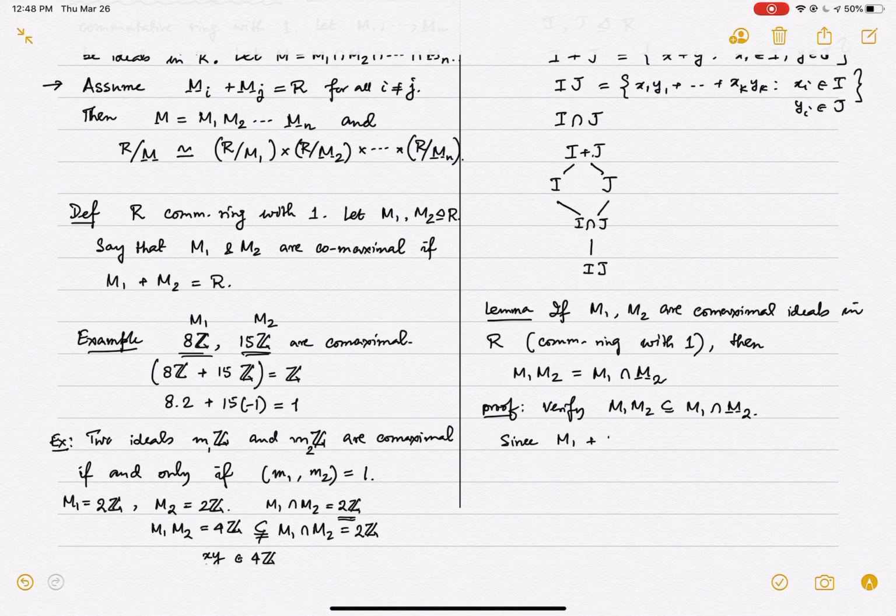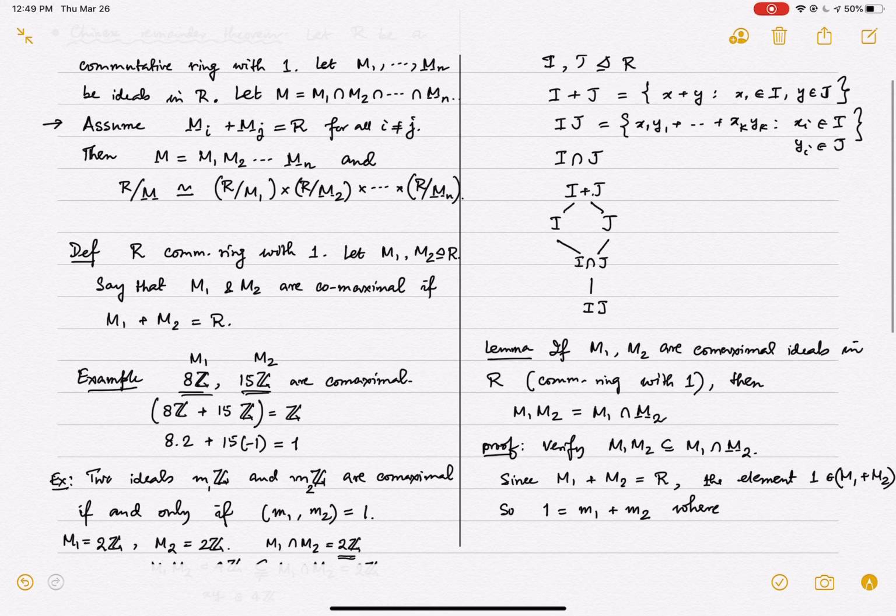Since M1 plus M2 is the whole ring, the element 1, the 1 of the ring, belongs to M1 plus M2. So I can write 1 equal to something from M1 plus something from M2, because that's what M1 plus M2 means.